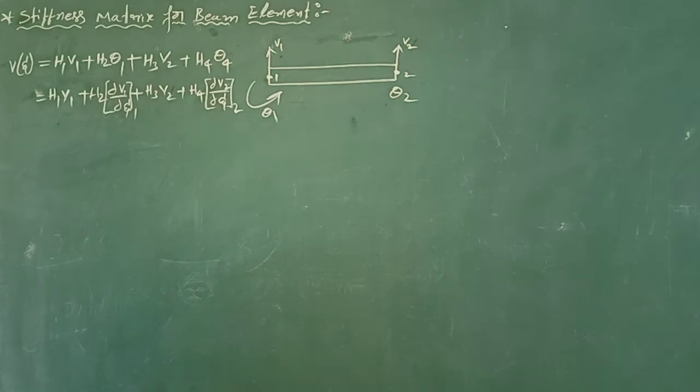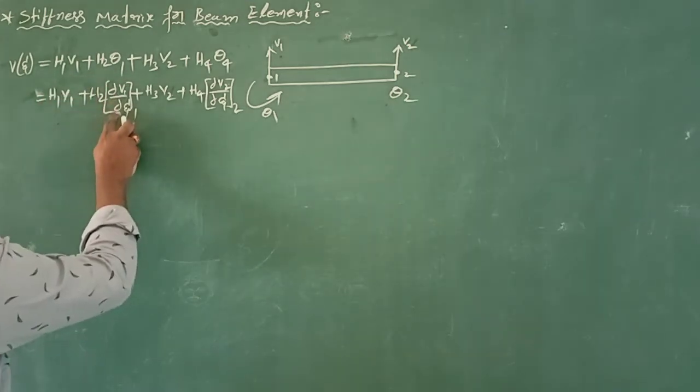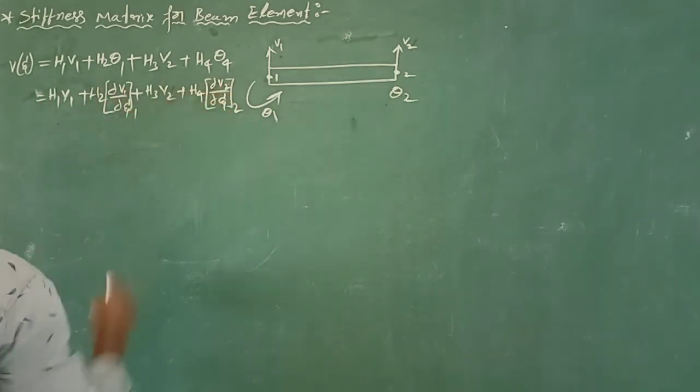This is the slope for the first node, and this is the slope for node 2. I am repeating again: slope means change of deflection with respect to an angle. That's why I am writing it like this, dou v by dou j.